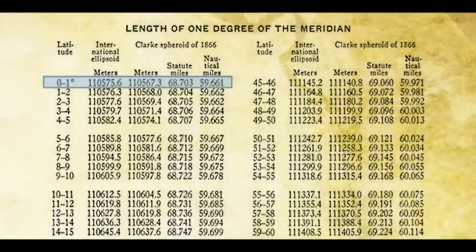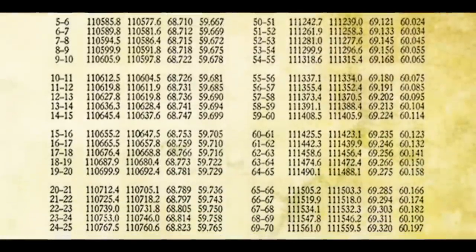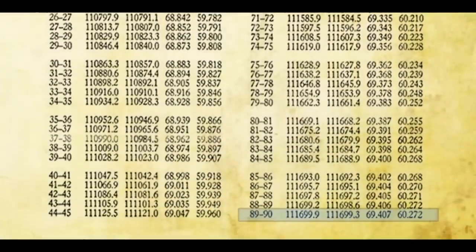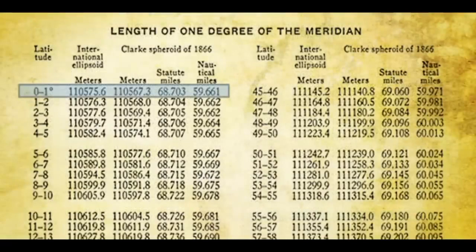This is taken out of the Smithsonian meteorological tables, and what we're looking at here, without belaboring this, is latitude 0 degrees, going up to 90 degrees. If we look into statute miles, this says length of 1 degree of the meridian. So this is the line from the equator up to the North Pole.